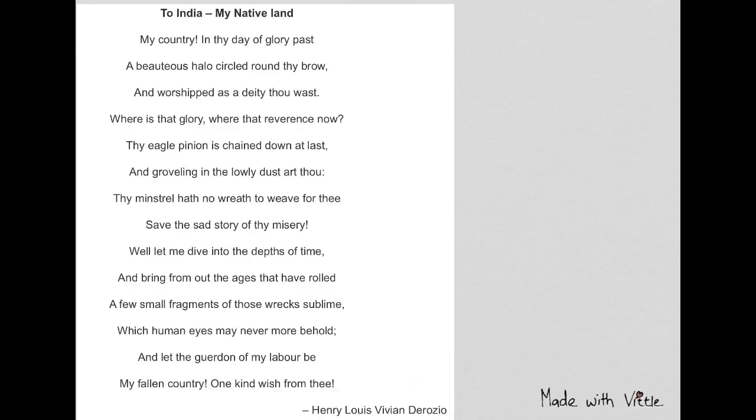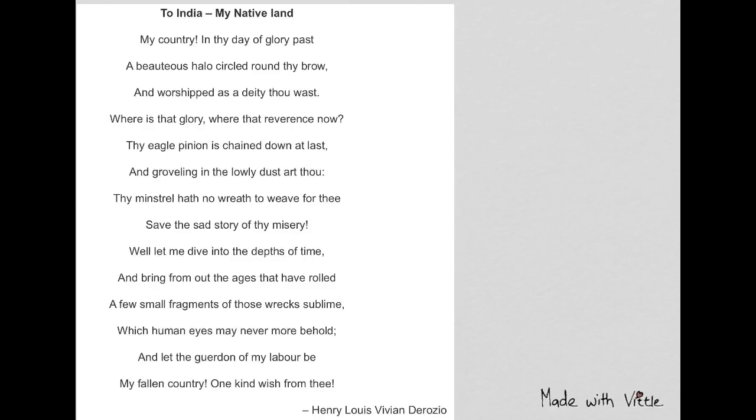Now, before analyzing the poem line by line, I would like to discuss with you the technical sides of the poem first. Okay, first we will look towards the length of the poem. It is of 14 lines.